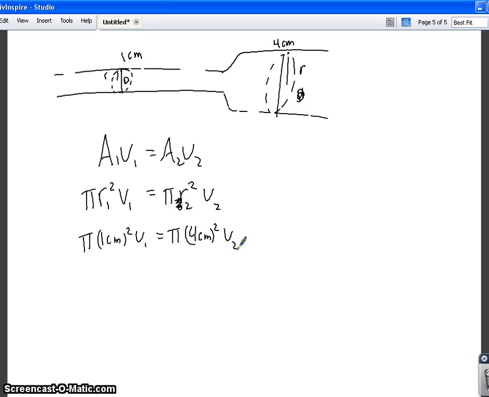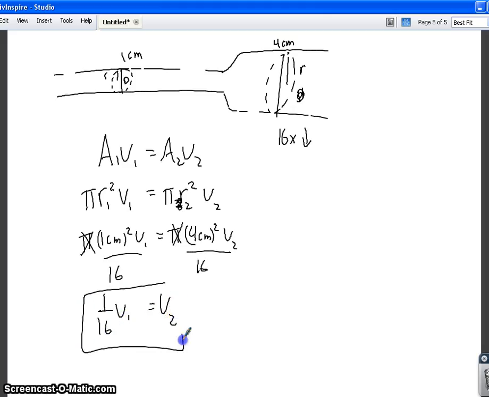You might notice already that the pi's cancel out, so that's kind of nice. Now, because this is 4 times as large, I know in my head that the velocity is going to be 16 times less. Why is that? Because these values are squared. Because if I solve for this, this is going to be 16, so I divide both sides by 16. So V2 is going to equal 1/16 of V1.